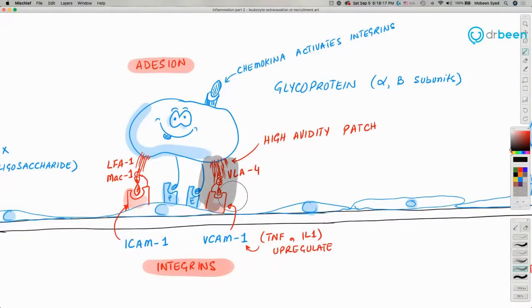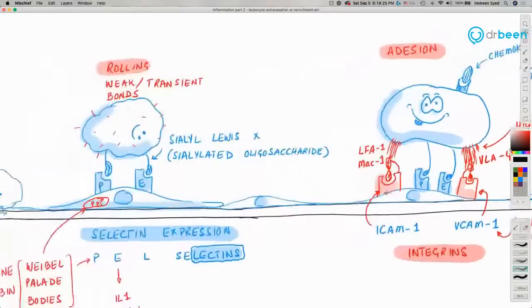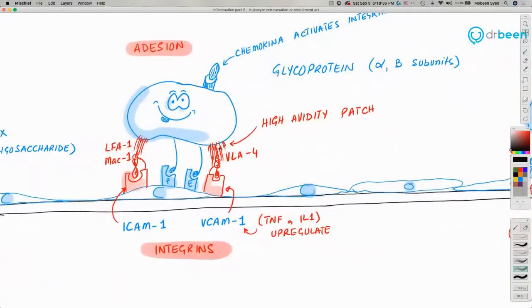And when they connect with each other, now they're tightly bound. So now the plane has stopped. But please remember, we would not try to do the adhesion without first rolling the white blood cell and trying to slow it down by slowly attaching and detaching with it, so it slows down and stops. So finally, it has stopped.